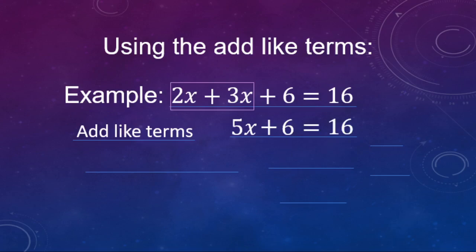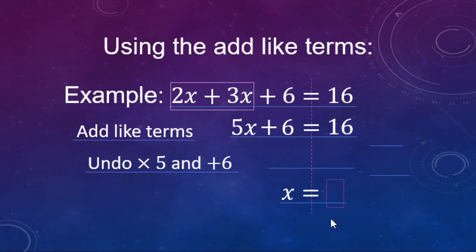Again, now it looks just like our very first example, where we're going to undo what's being done to the x. In this case, we're going to undo the plus 6 and the times 5, so that way we end up with x equals and then whatever the value is. So here we go. Undoing the plus 6 with a minus 6. Again, in our brains, we don't have much to do on this left-hand side. We know it's just going to be 5x equals.